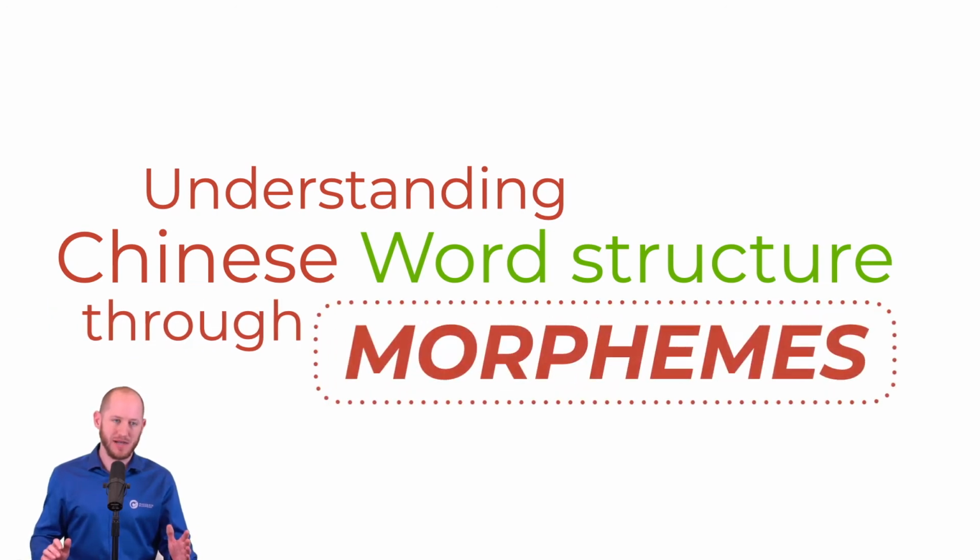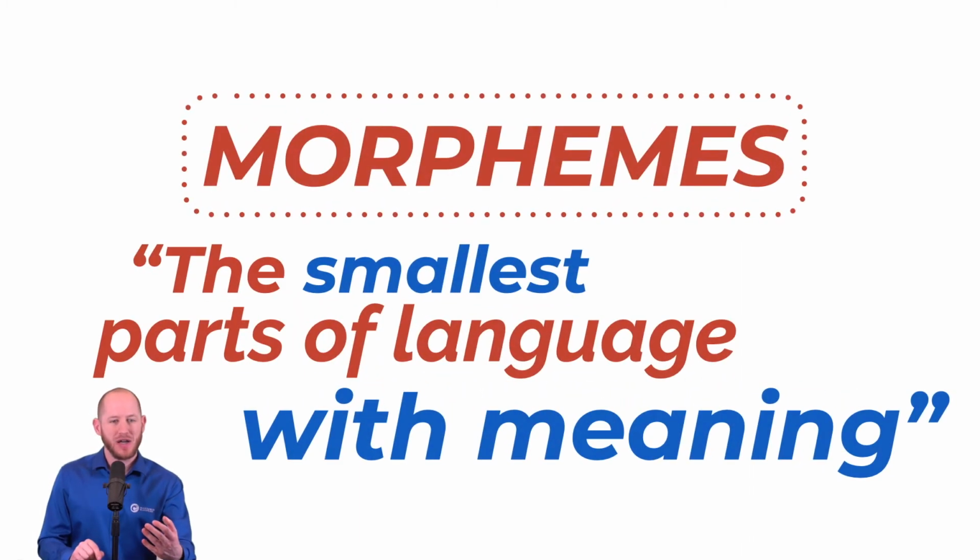But before we get too far into this, we need to discuss what a word is in Chinese. And the way to do that is by focusing on morphemes. Now, we talked in phase 1 of the course about how Chinese characters are morphemes. And the best way to think of a morpheme is just that it's a mini meaning. It's the smallest part of a language with meaning.